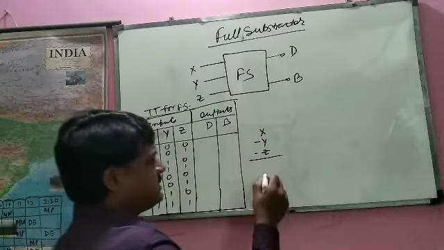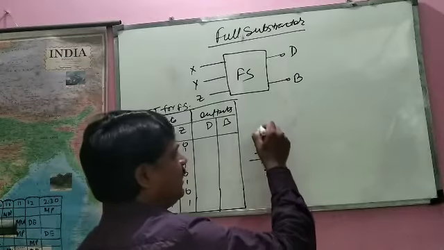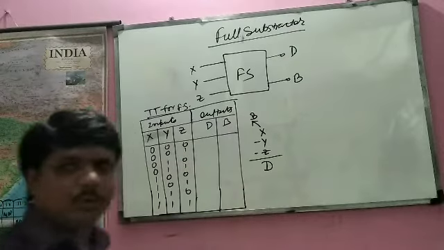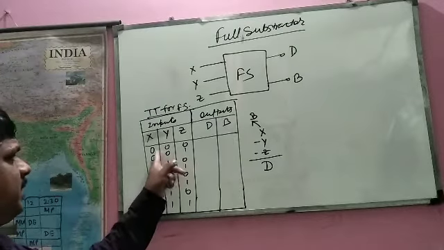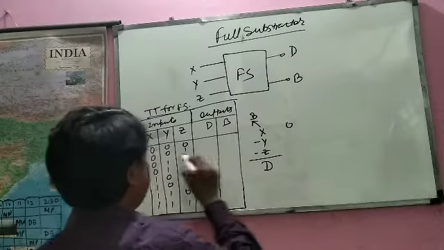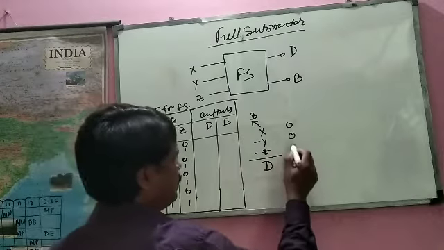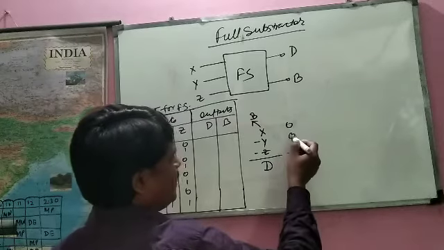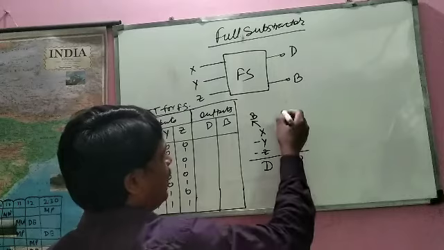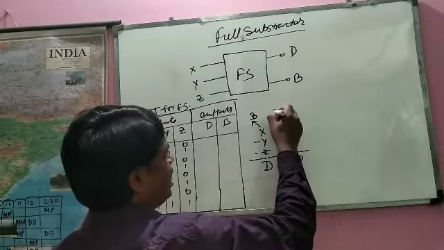The first one is the difference, which will be written here, and the other is borrow, which will be written here. Take the first one. x is 0, y is 0 and z is 0. So 0 minus 0 is 0, 0 minus 0 is 0. So difference is 0 and borrow is 0.